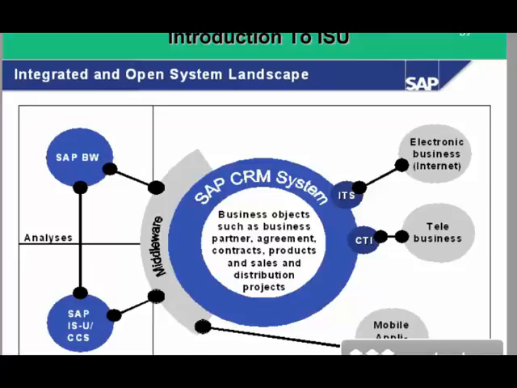Then there is SAP BW, and SAP ISU is talking to both these systems. SAP ISU talks to SAP CRM through middleware, and data flows from SAP ISU to CRM both ways, and from SAP ISU to BW both ways. So this is how the integrated and open system landscape looks like.